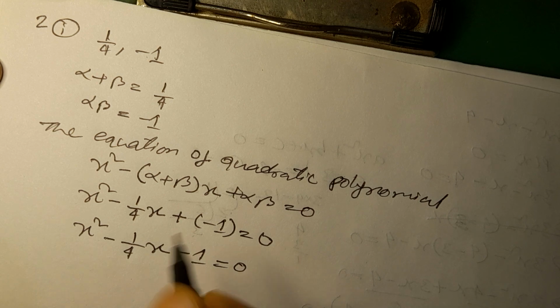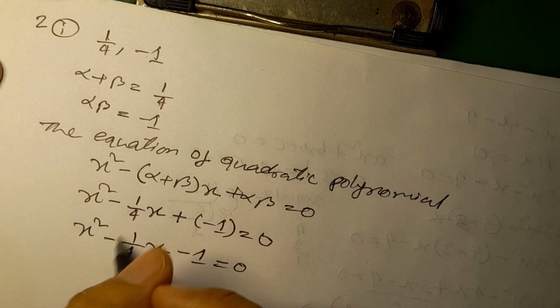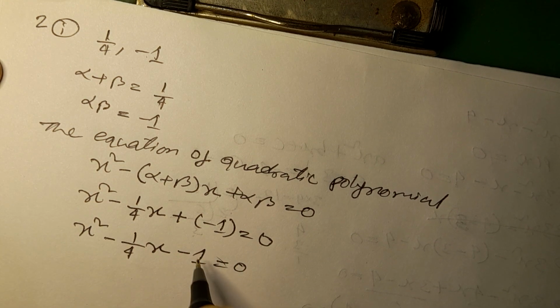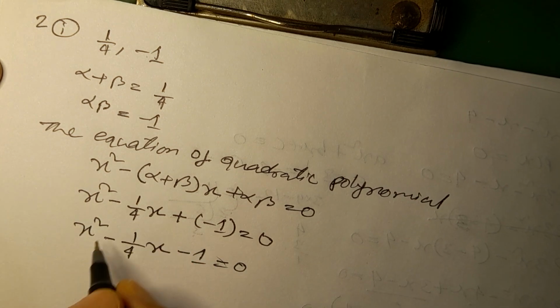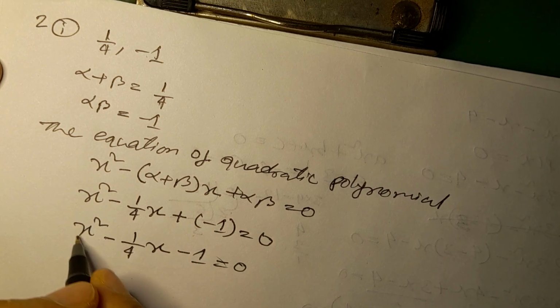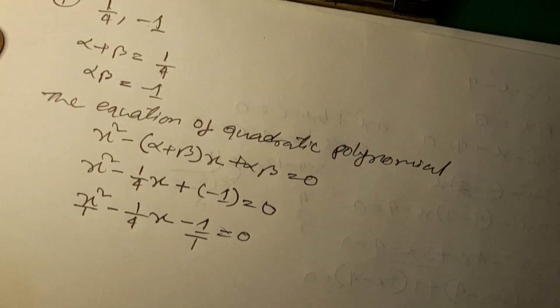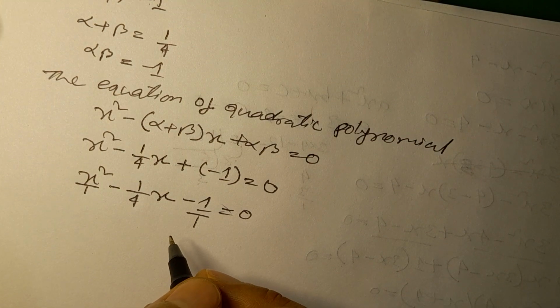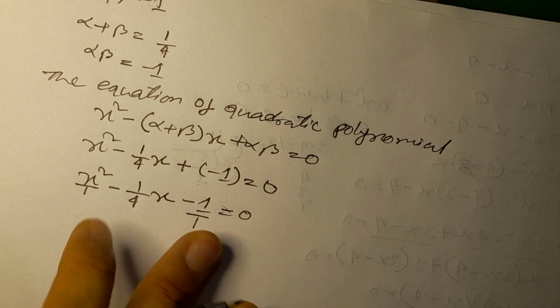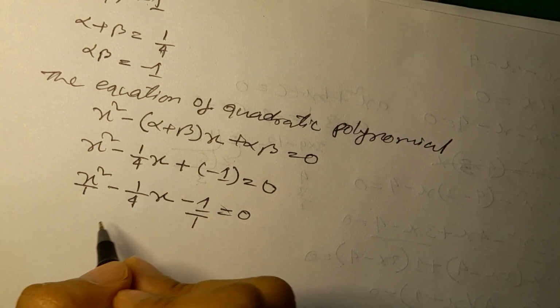So first, what you will do, make every term a fraction, because this is a fraction. To make it a fraction, divide it by 1. So 1, 1. So all of it became a fraction. As soon as it became a fraction, now we can do the fraction addition or subtraction.